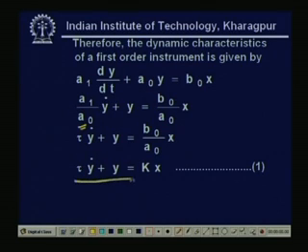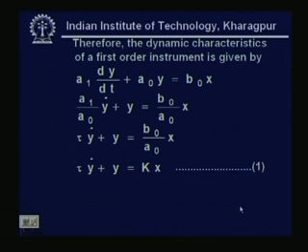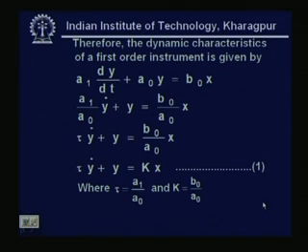Finally, we have written tau y dot plus y equal to kx, right. K we remember for the 0 order instruments also, k is the static sensitivity of the system and tau is the time constant of the system, and this is the equation number 1, where tau equal to A1 upon A0 and k equal to B0 by A0.